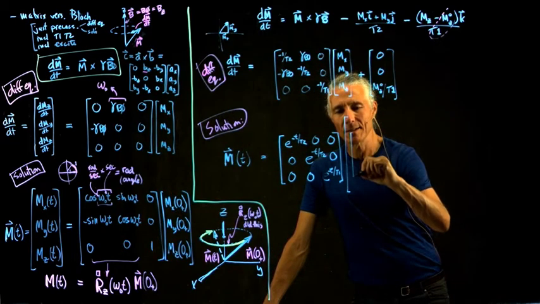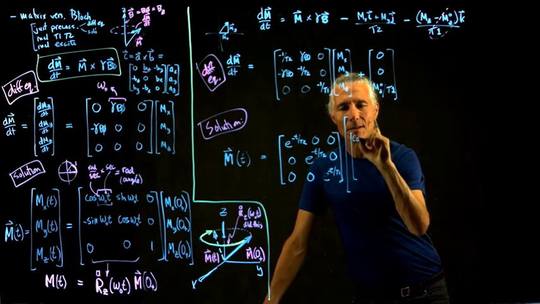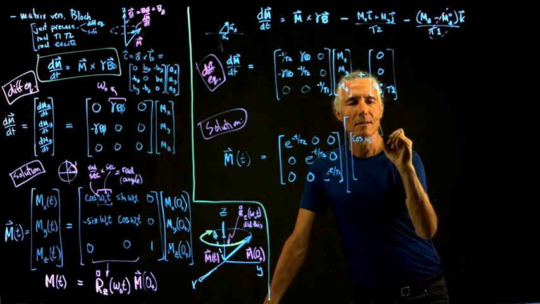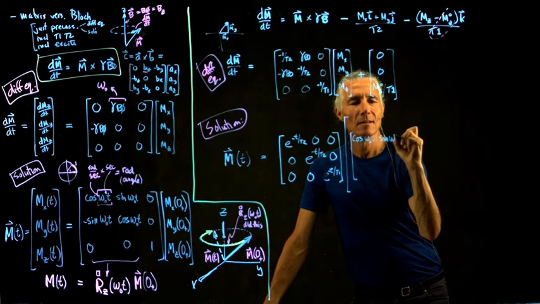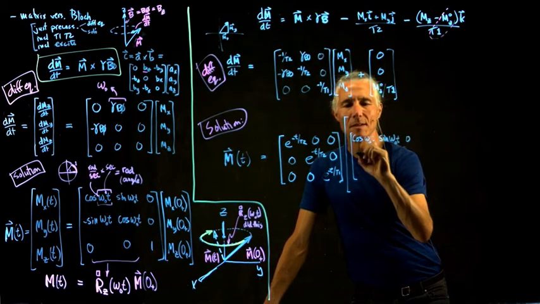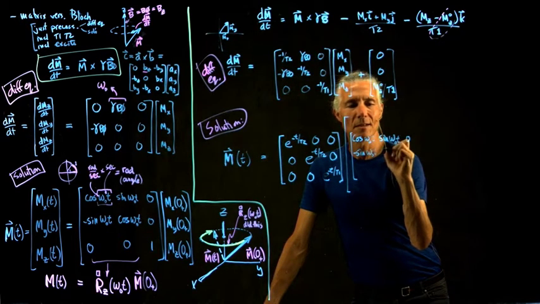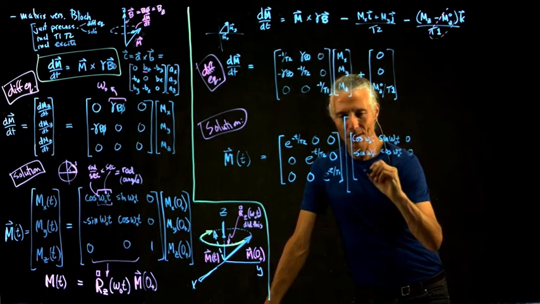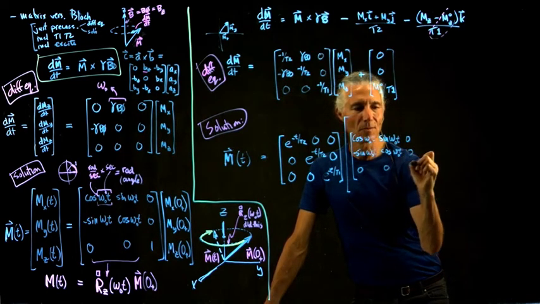That is cosine omega 0t, same as before, sine omega 0t, 0, minus sine omega 0t, cosine omega 0t, 0, and then 0, 0, 1.